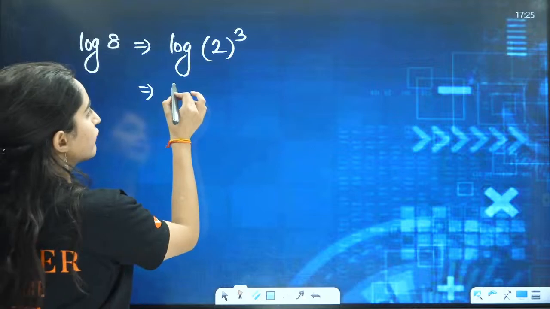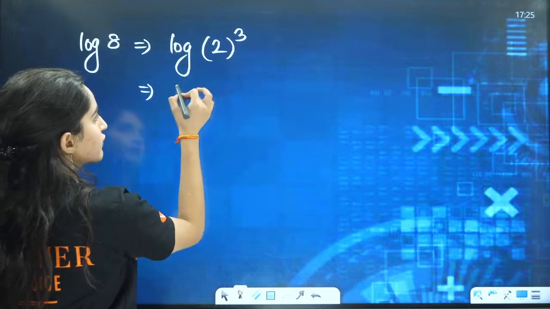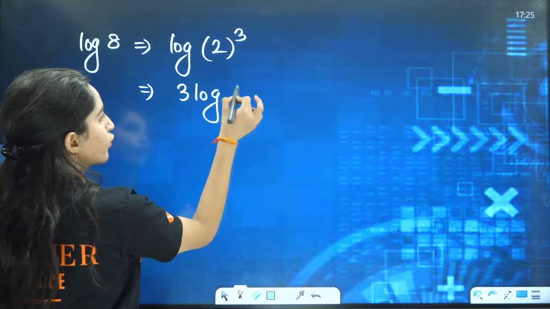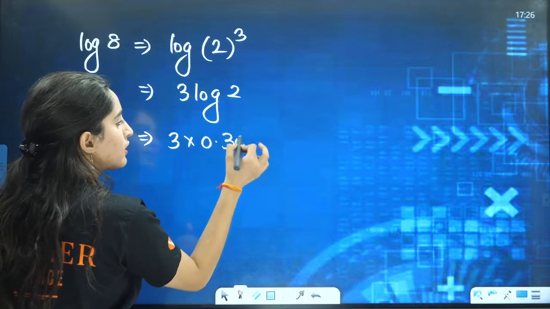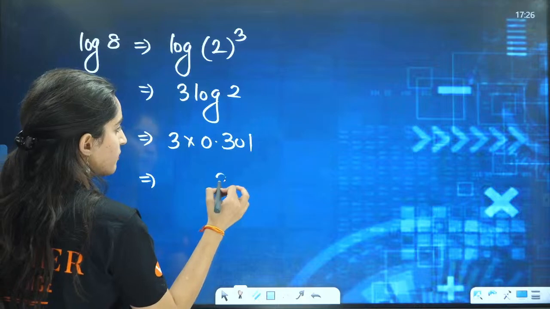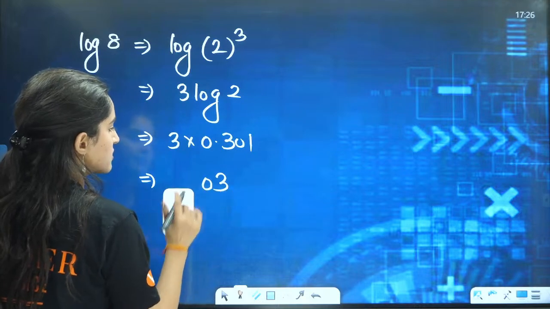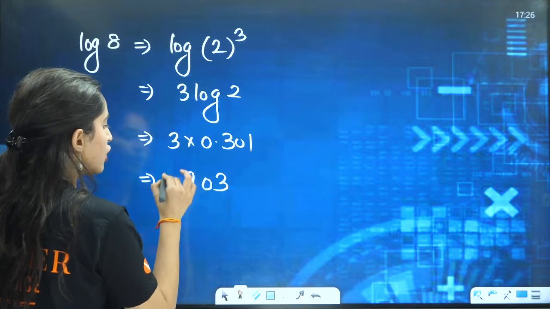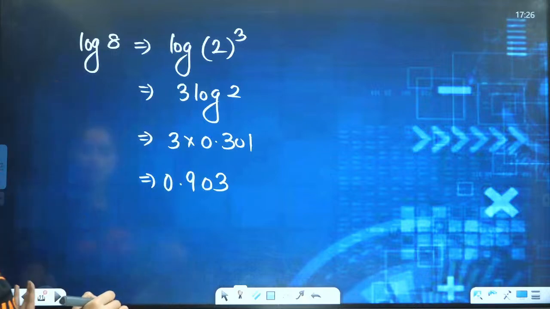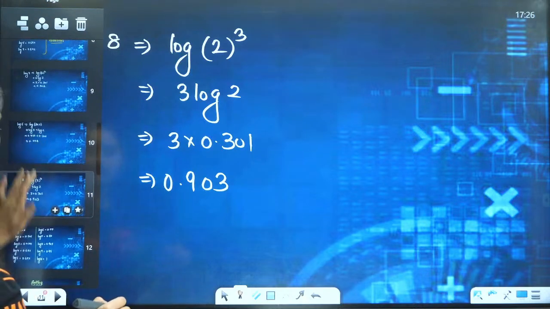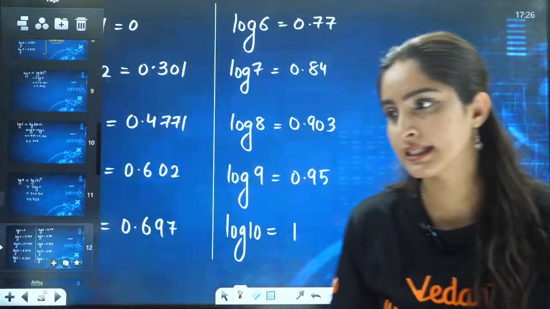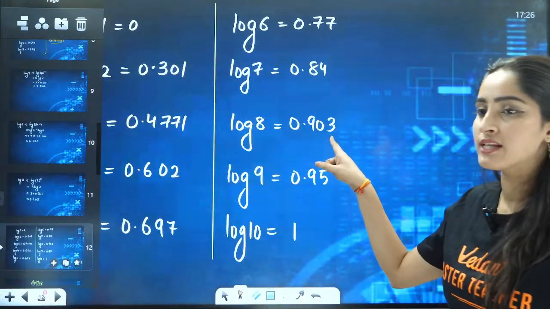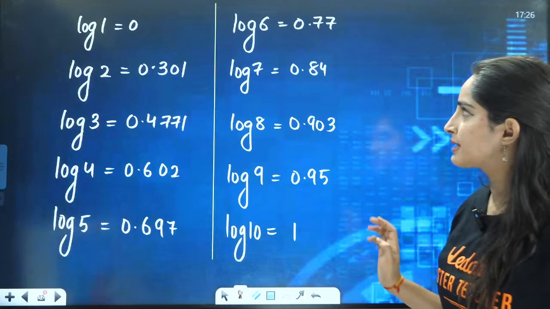So apply the property, the power will come in front. This is 3 into log 2. What is the value of log 2? That is 0.301. So this will become 0.903, that is the value of log 8. Right?